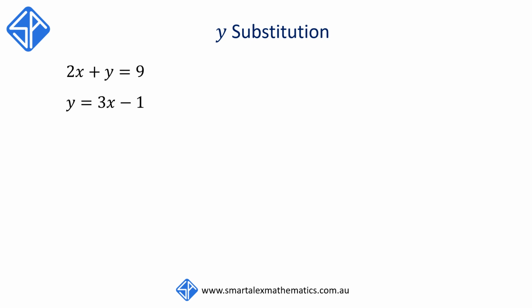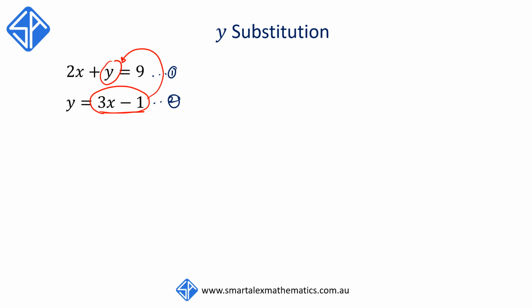Here I've got two equations, 2x plus y is equal to 9 and y is equal to 3x minus 1. Starting off by naming the equations 1 and 2, we see that in equation 2, we've got y is equal to 3x minus 1. So we're going to replace the variable y with this expression 3x minus 1.